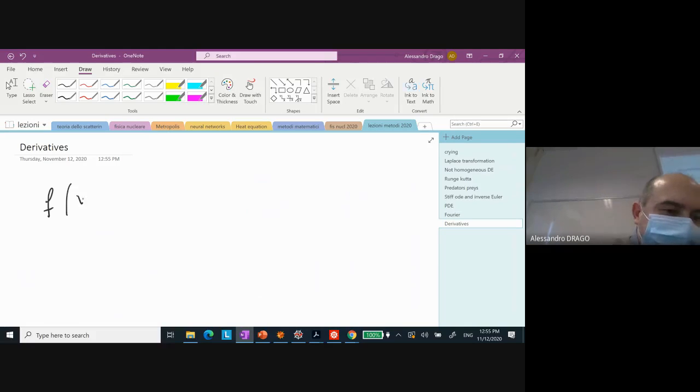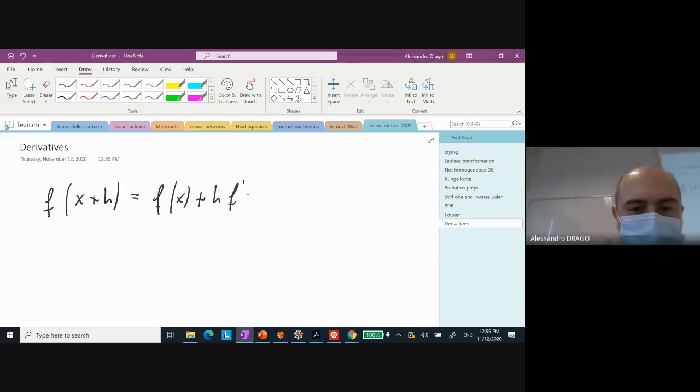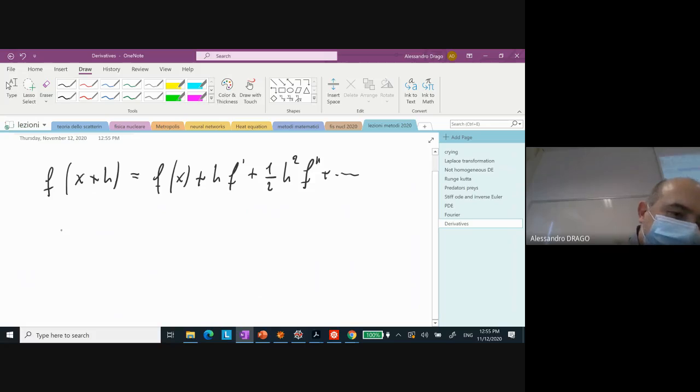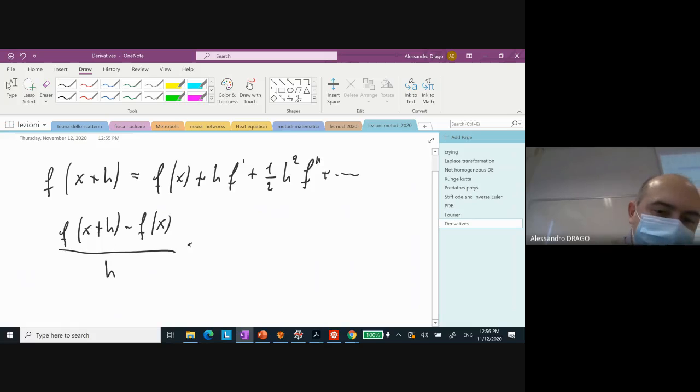Okay. f of x plus h. I know that if f is regular, I can write f of x plus h f prime plus 1/2 h square f second plus. So what happens if I take f of x plus h minus f of x, divided by h? Well, of course, the first term cancels. The next term is f prime, and I am very happy.